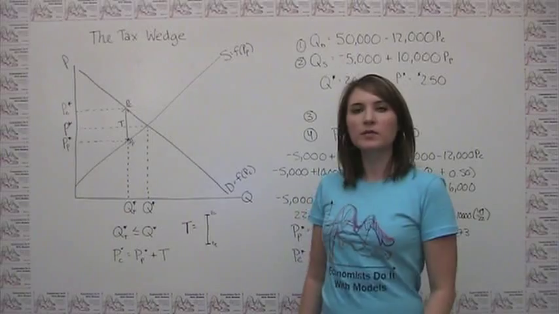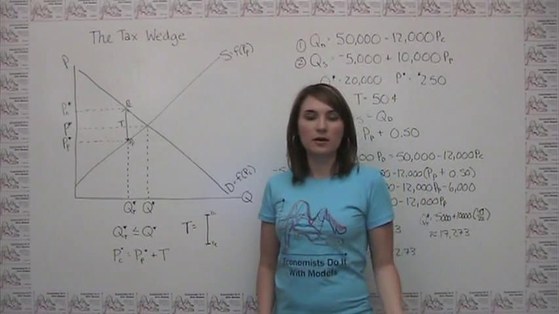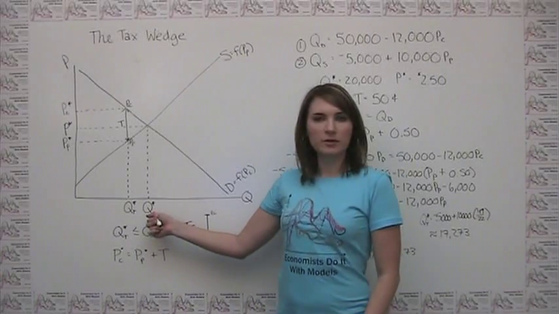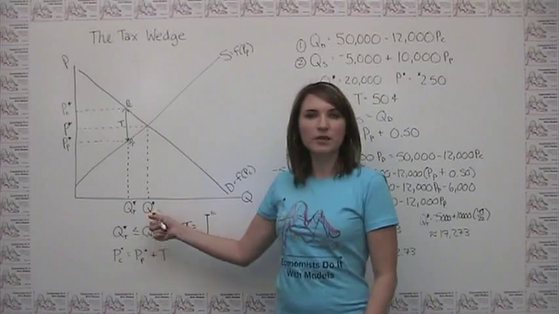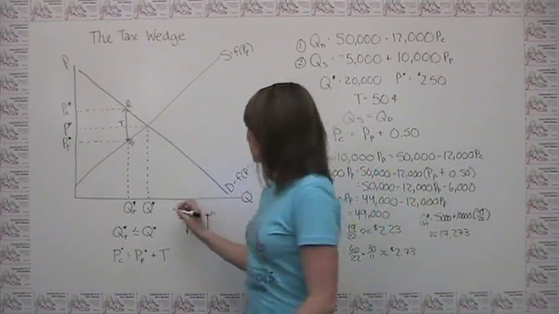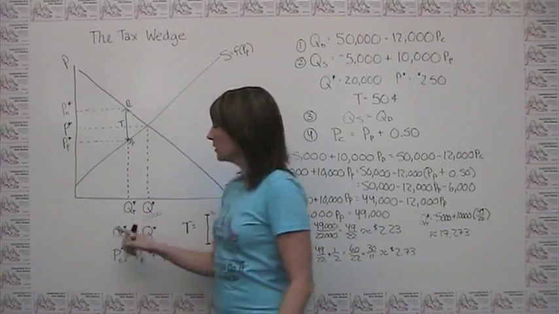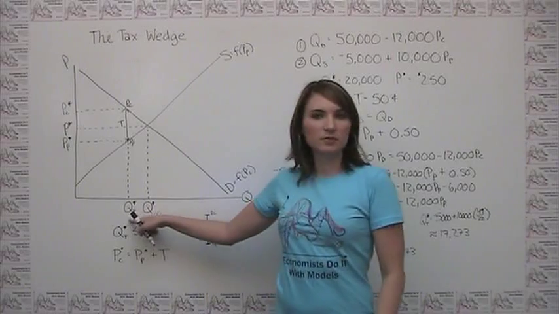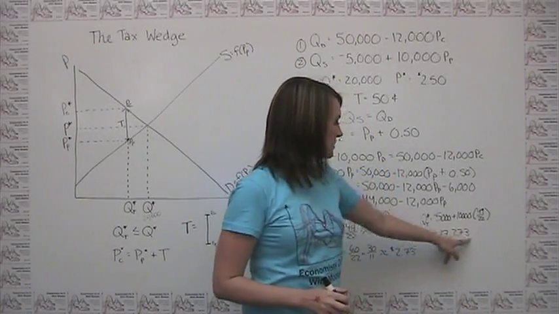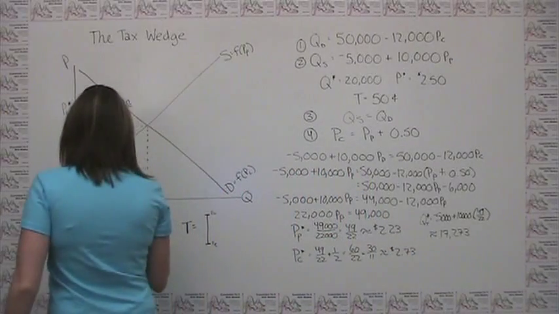As a final point, we can circle back and show once again where these different quantities go on our graph. So here we said this was the original equilibrium quantity before the tax was put in place, and we said that that was just 20,000. So you can say this is 20,000 here. This is just our equilibrium quantity after the tax, which we said is approximately 17,273. So that can go here.